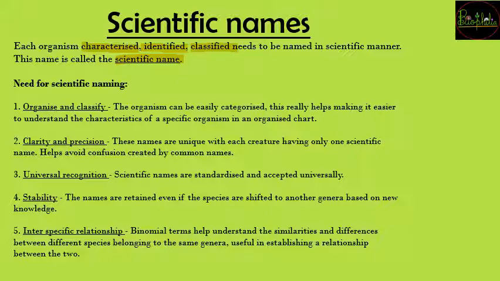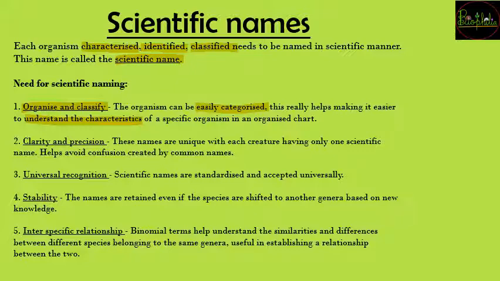The first one is organize and classify. So because of the scientific name, each and every organism can be easily categorized, and because of this categorization, you can easily understand the characteristics of the specific organism, and then you can organize each and everything to identify the organism as per the name.